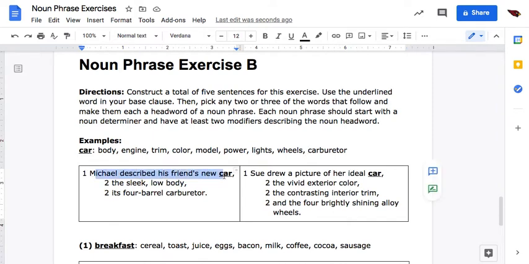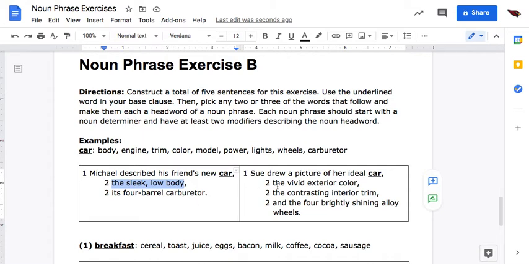So in this case, it could be true that Michael described his friend's new car. We've got a base clause right here that uses the word car, which is part of the directions. And then we've got noun phrases that rename or make specific that car: the sleek low body, its 4-barrel carburetor. This is an example of two.